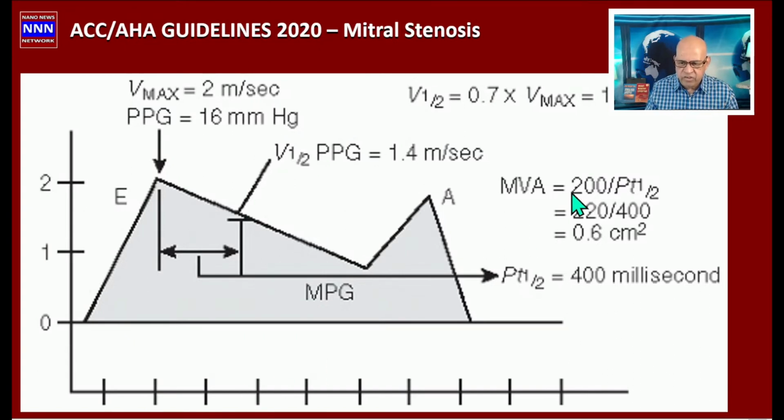So this is the pressure half time measured in milliseconds, and we use a constant 220. Then we take this 220 divided by the pressure half time. That gives the mitral valve area. It is a highly accurate number, but it again depends upon how good the tracing of the pulse Doppler is and at what level the pulse Doppler is obtained.